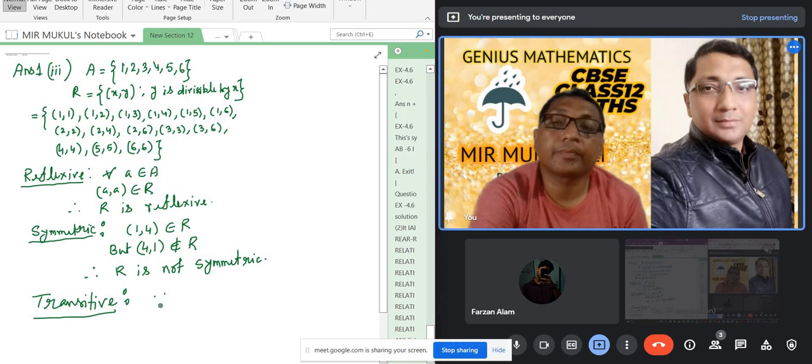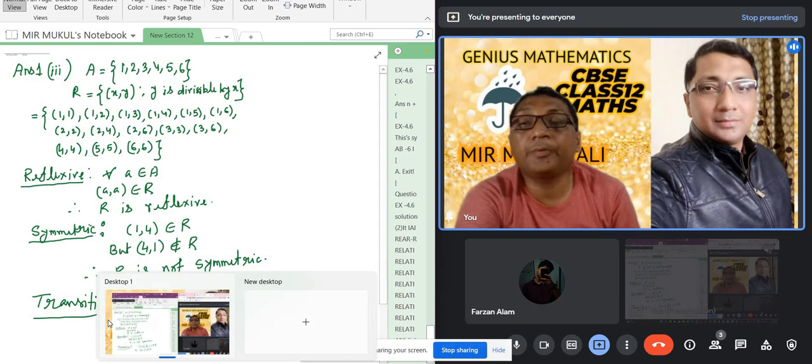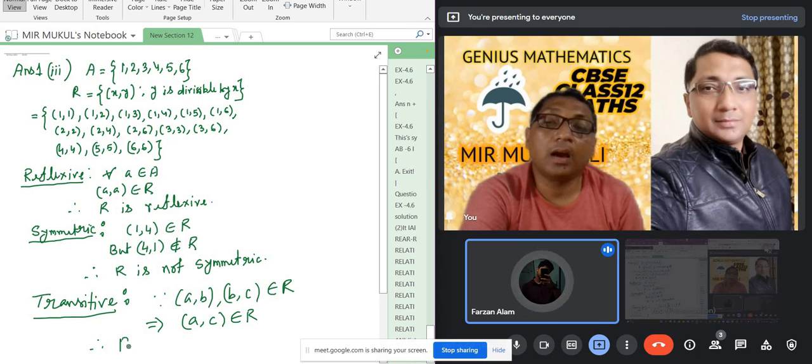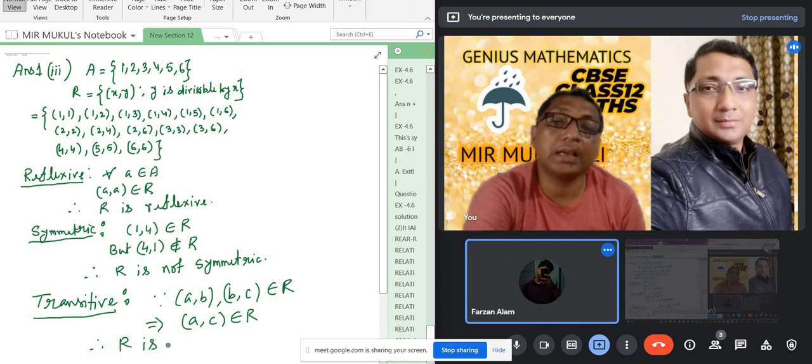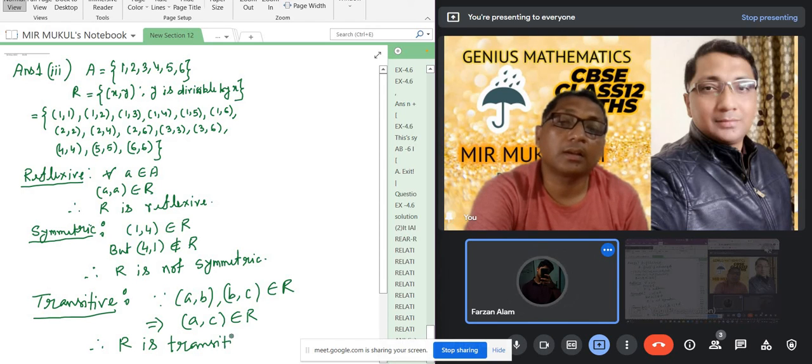Since AB, BC belongs to R implies AC also belongs to R. Therefore, R is transitive. Check answer. Yes, sir, it's written. It's reflexive and transitive.